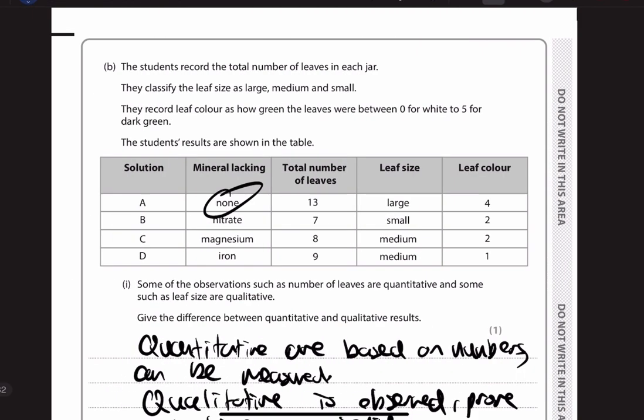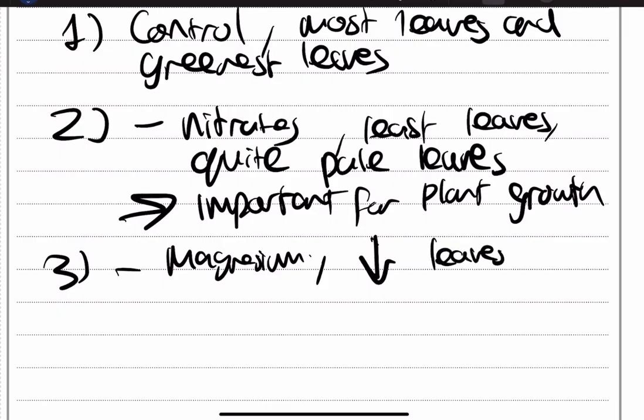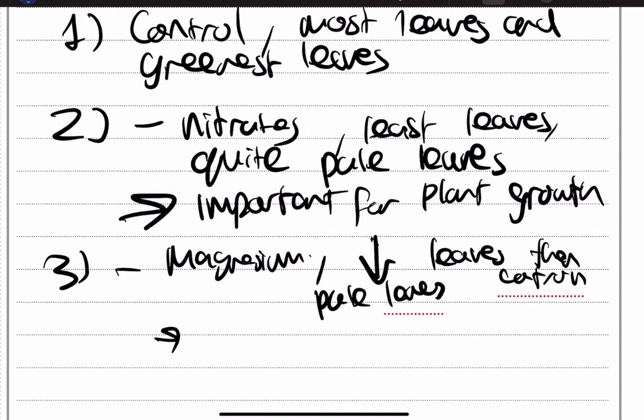Okay, now let's see magnesium. So magnesium has a bit more leaves, but it also has quite pale leaves. So magnesium, we can say it has fewer leaves than control, and it has pale leaves, right? And magnesium, you should know, again, is important for chlorophyll.